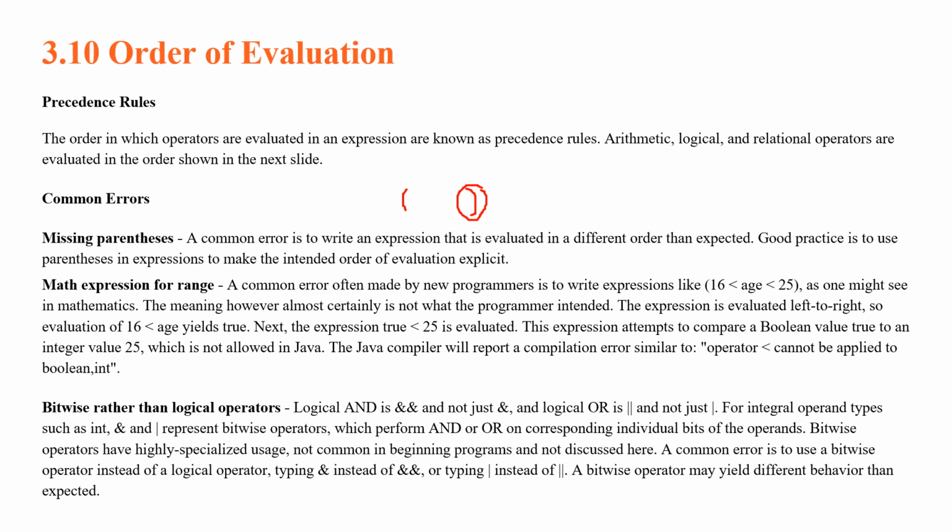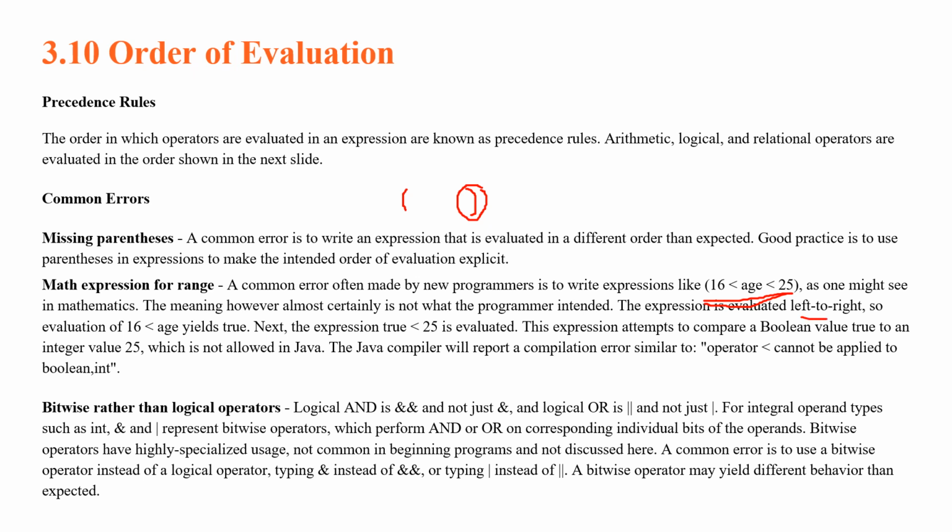Math expression for range. Yeah, so we'll just take this example right here. The programmer wants to check if the age is between 16 and 25, but if he gives this expression like this, then the result is definitely going to change, because the expression is evaluated from left to right.